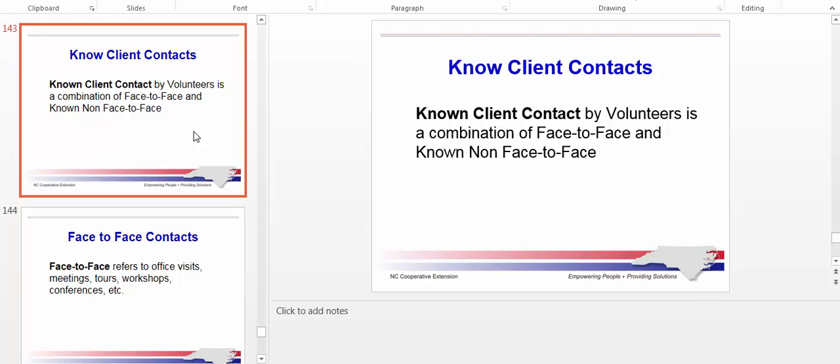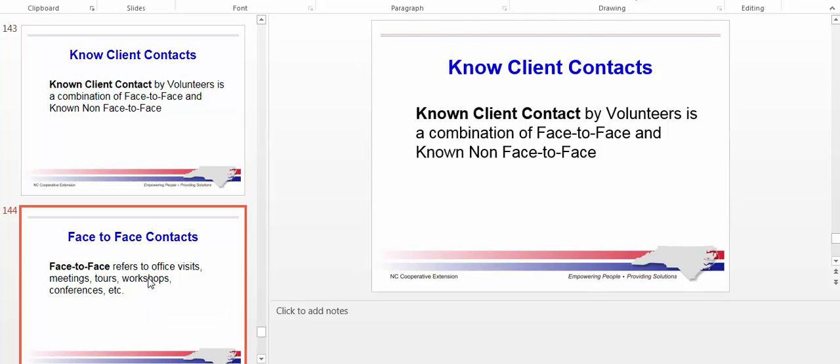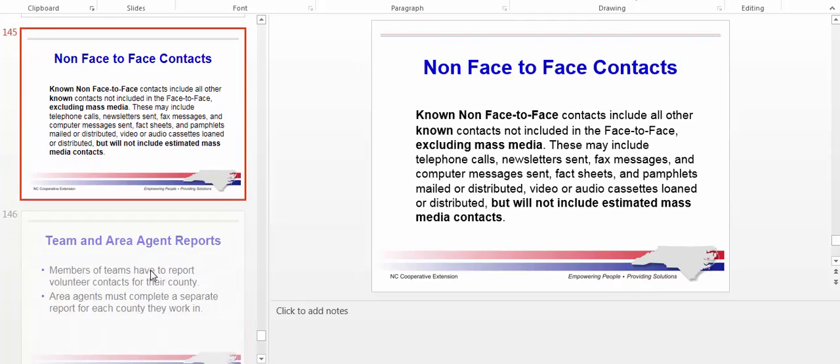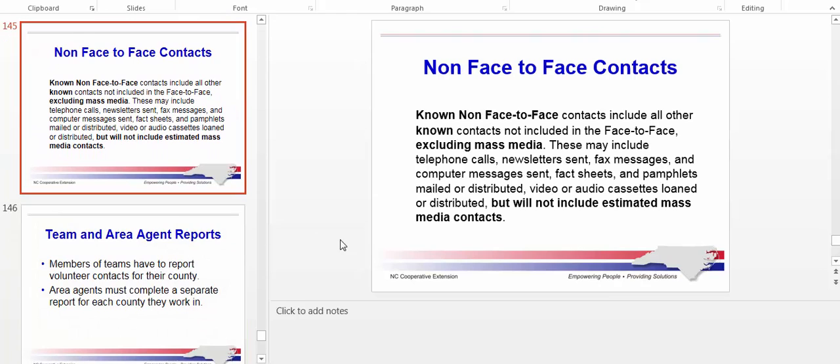So their known client contacts include both face-to-face. They don't have a special area just for putting face-to-face contacts in. And face-to-face refers to office visits, meetings, tours, workshops, conferences, kind of like ours as agents are. And no mass media contacts.